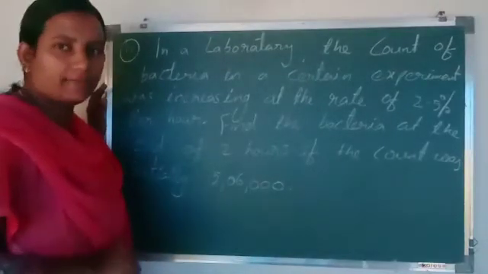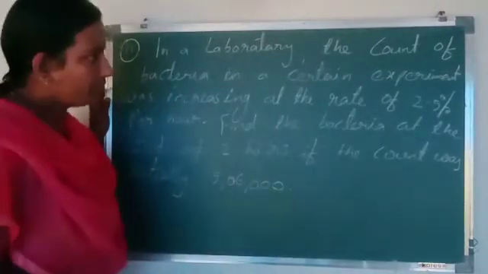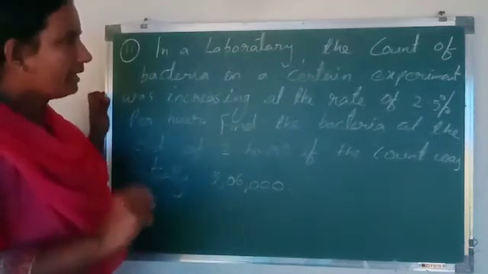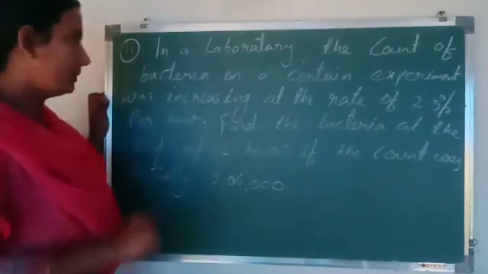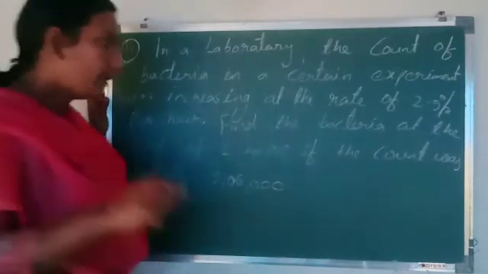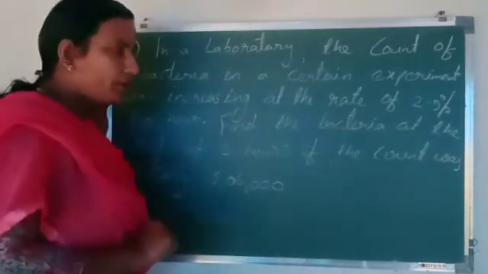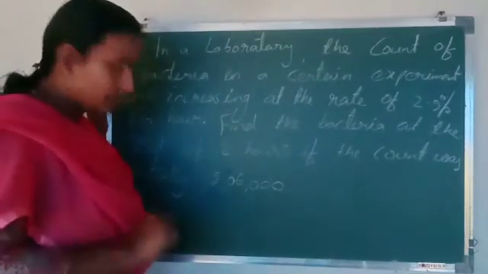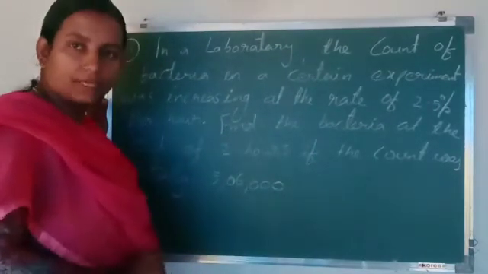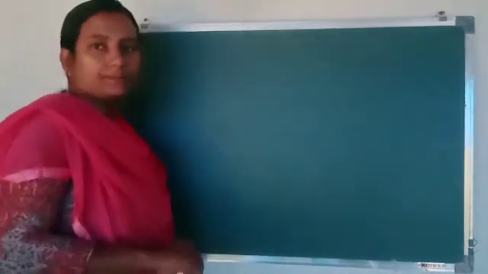Next, question number 11. In a laboratory, the count of bacteria in a certain experiment was increasing at the rate of 2.5% per hour. Find the bacteria at the end of 2 hours if the count was initially 5,06,000. What is given?